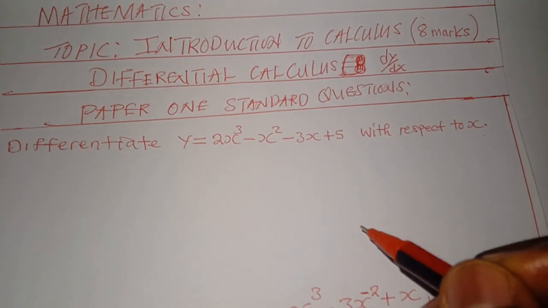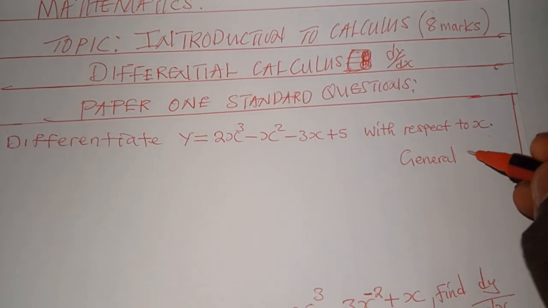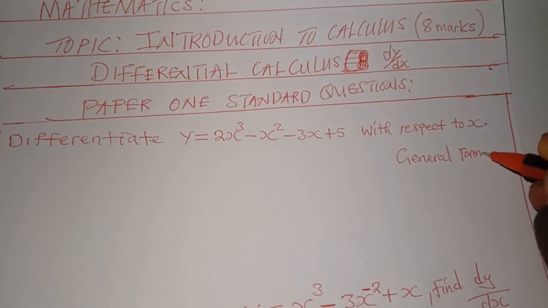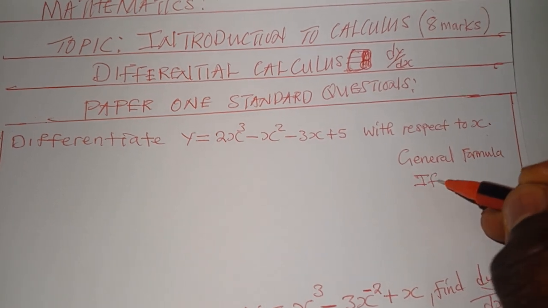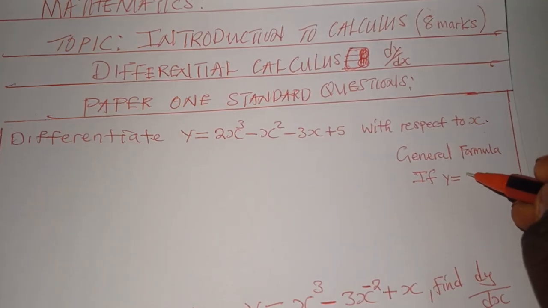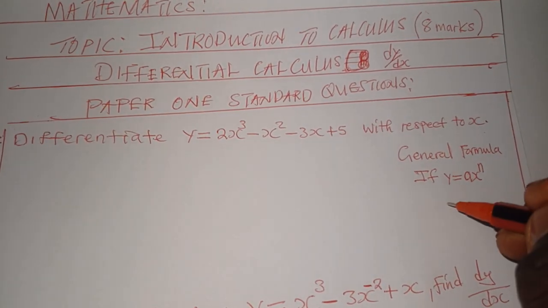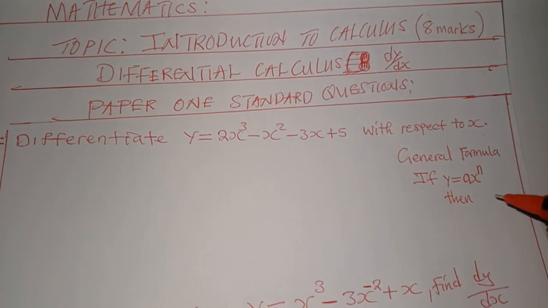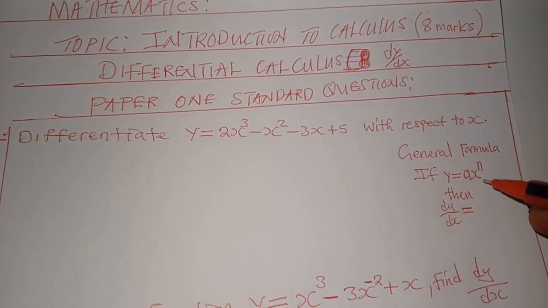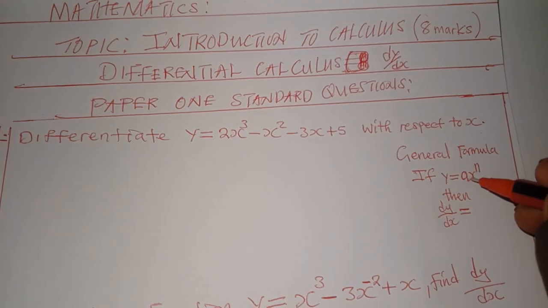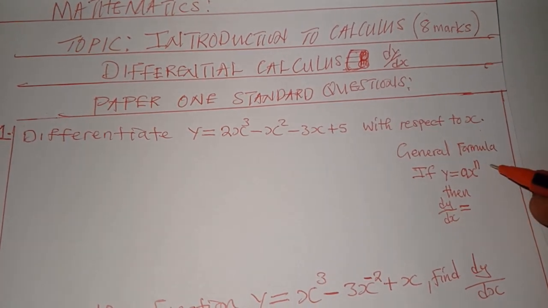So to start with, the general formula for most differential methods or calculus is: if y is equal to ax to the power n, then dy dx will be, you drop the n, which is the power of x, multiply it with the a, which is the coefficient of x, and reduce the n by 1.